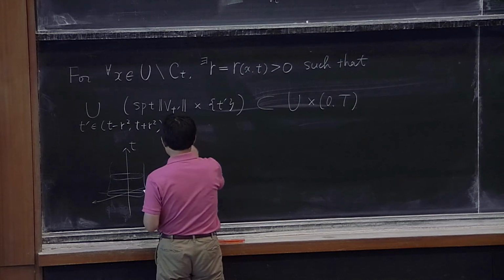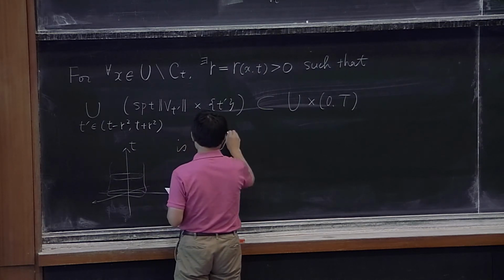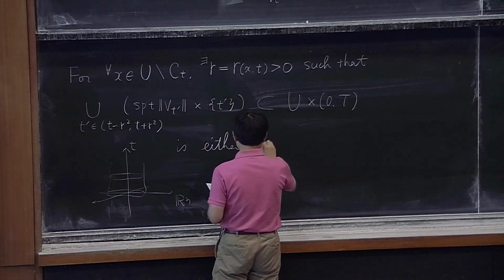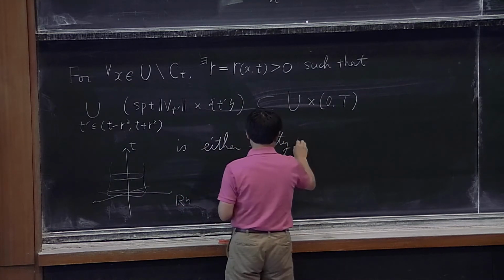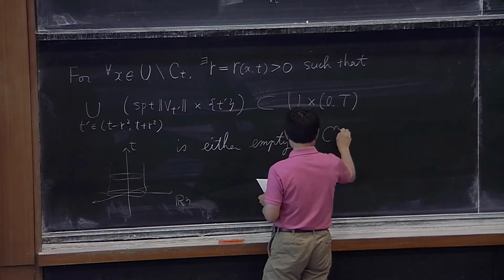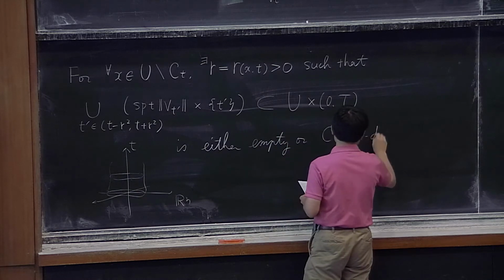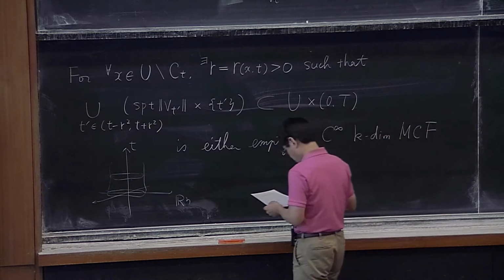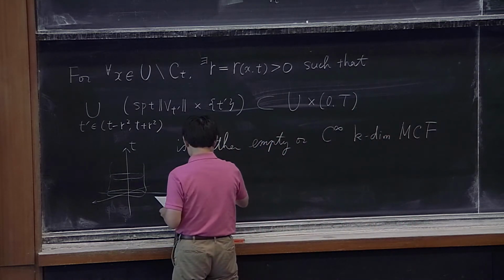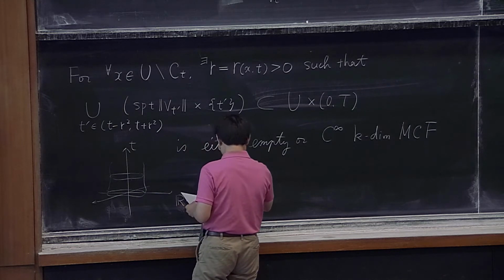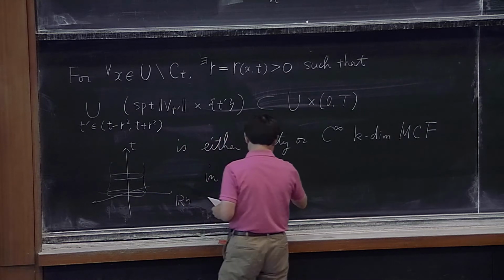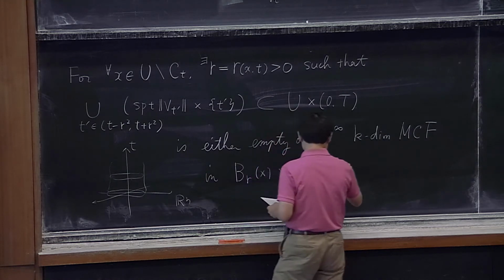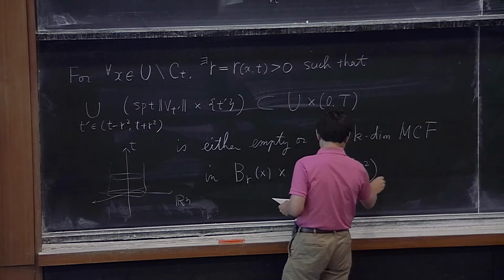It is either empty or a C infinity k-dimensional mean curvature flow in B_r(x) cross (t minus r square, t plus r square). Okay.